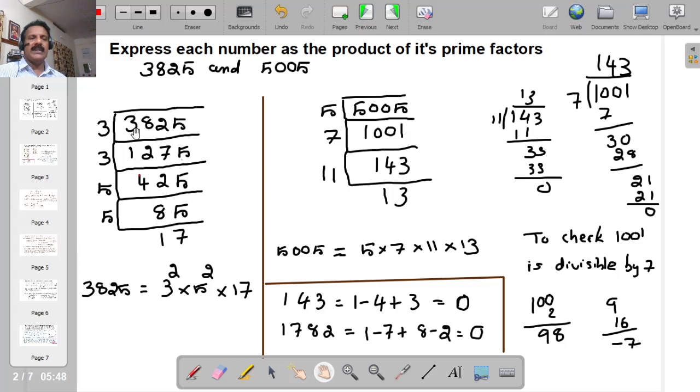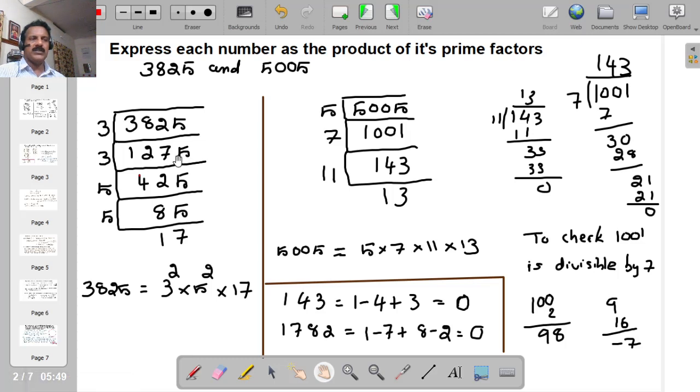So we will be finding the sum of the digits of 3825. 3 plus 8 is 11, 11 plus 2 is 13, 13 plus 5 is 18. 18 is a number divisible by 3. So 3825 is divisible by 3. When we divide 3825 by 3, we got 1275.